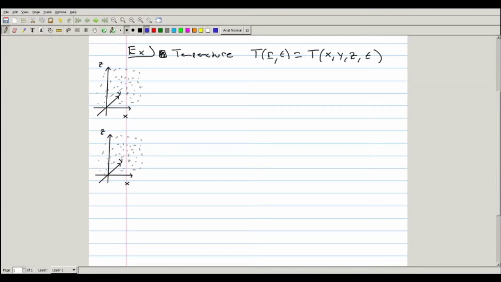Let's say the heater is right here, the heat source, and maybe you open up a window right here, and gradually the temperature is going to flow until it reaches some sort of equilibrium.